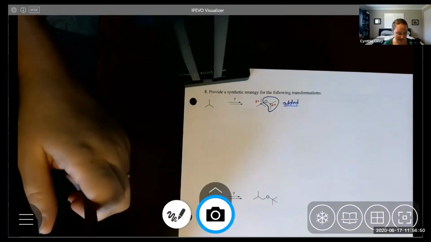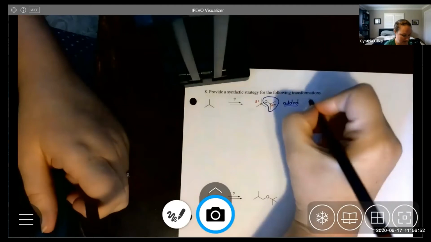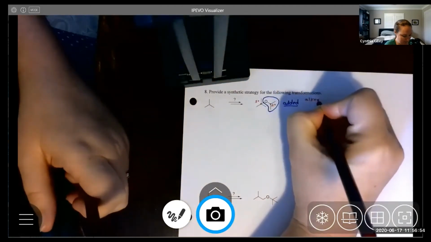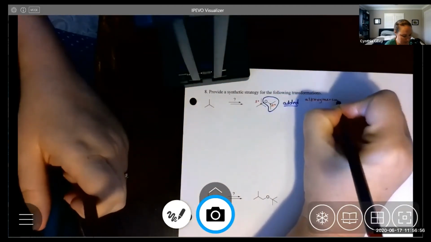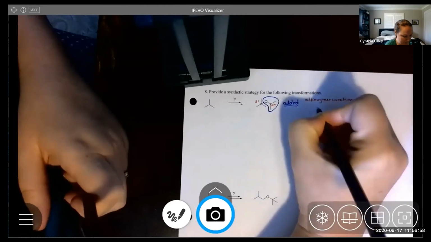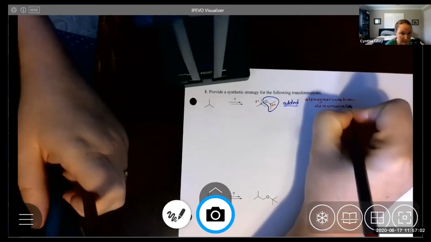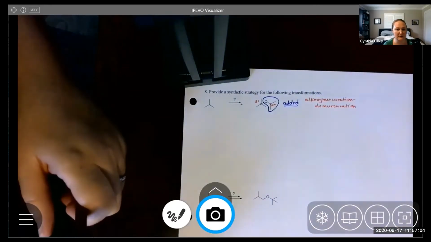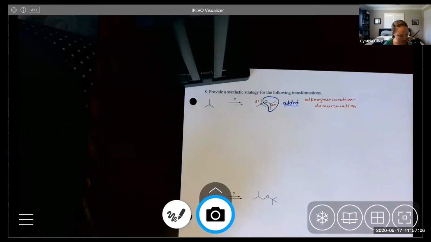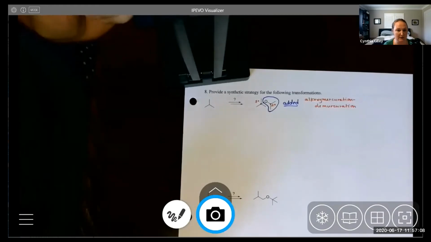So that means that I have to use the alkoxymercuration-demercuration process. No Williamson. Again, it would have to be a primary or methyl to potentially use Williamson.